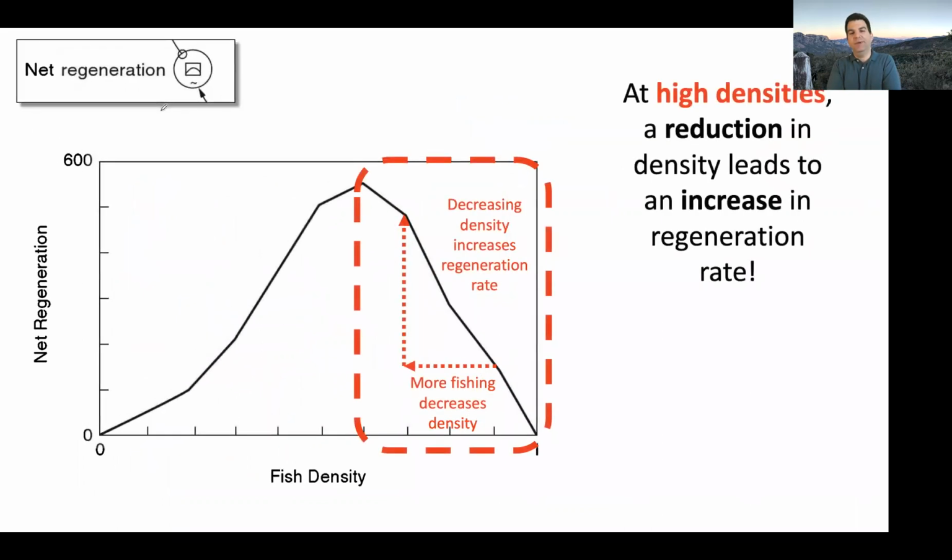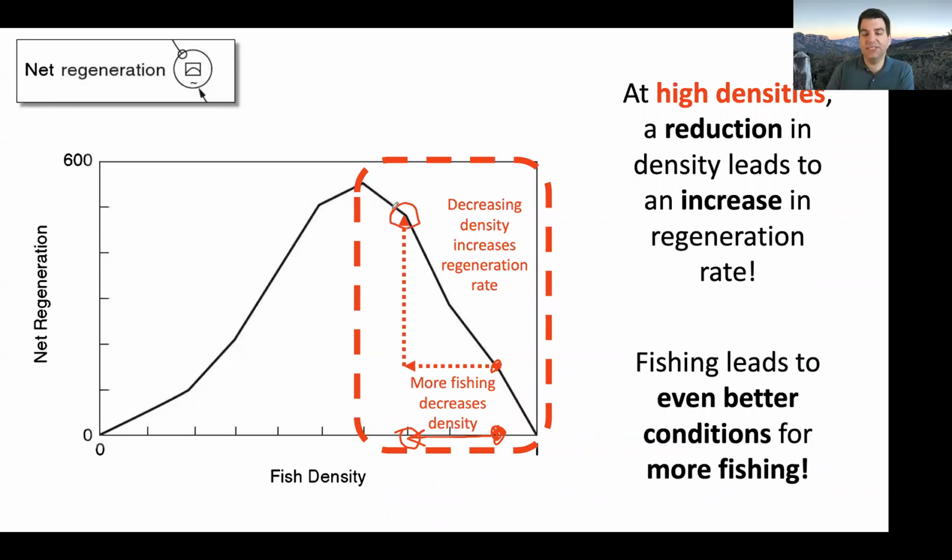Now, if we zoom in on that and think about how things happen dynamically, if you start at a high density, like right here, then any reduction in fish, say due to harvesting, is going to cause a reduction in fish, so you'll go to a lower density. And that lower density, because more food becomes available to every fish, is going to lead to a higher reproduction rate.